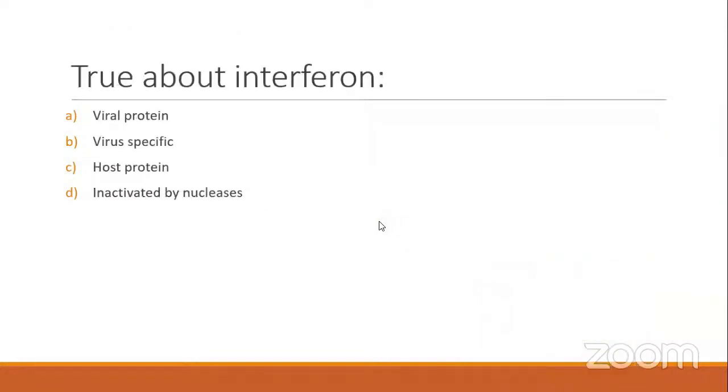So now the next question is about interferon. What is true about interferon? A viral protein, a virus-specific thing, a host protein, or inactivated by nucleases? Any idea? It is actually a host protein, not a thing which is produced by the viruses per se.